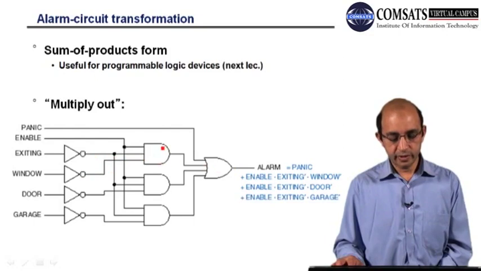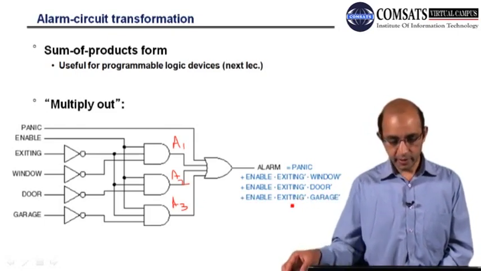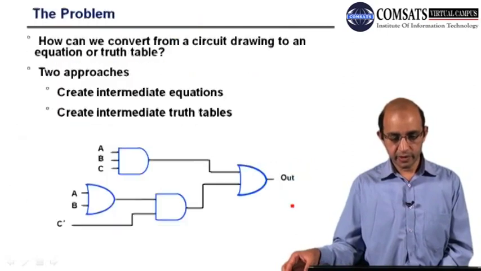Ultimately those different AND operations, if I name them A1, A2, and then A3, they are being summed up by this OR gate, and you can have this panic plus enable dot exit bar window bar plus enable dot exit bar door bar, plus enable dot exit garage, and they are complemented. So this is the alarm circuit transformation.